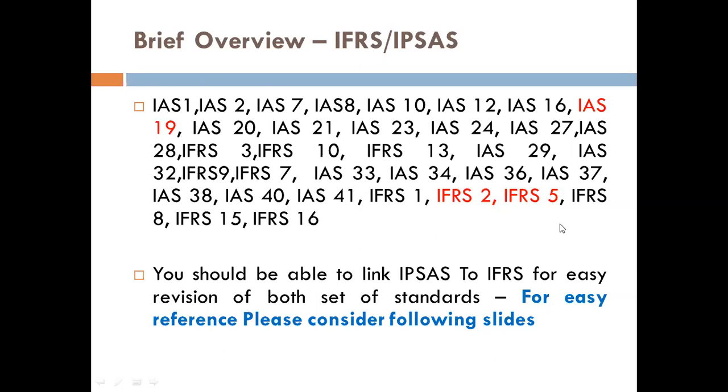IFRS 8 segment reporting. Under segment reporting, how do you report them, which segment can be reported, and what are the thresholds that are there? Then the current standard that I was talking about, IFRS 15 revenue recognition. Here you need to recall the 5-step model. How do you go about the 5-step model? IFRS 15 combines what was under IAS 18 revenue recognition and what was under IAS 11 construction contract, because now we can look at all of them under IFRS 15.